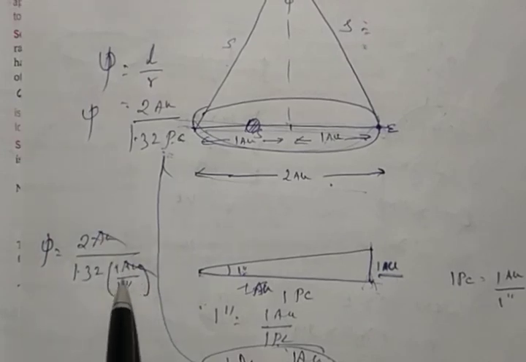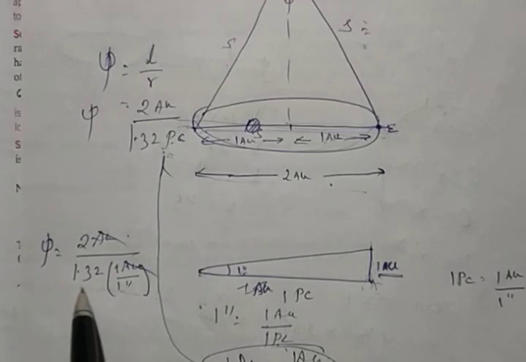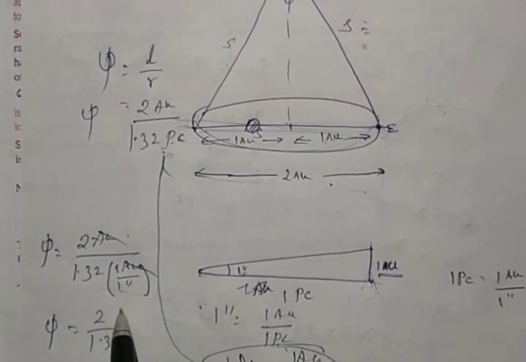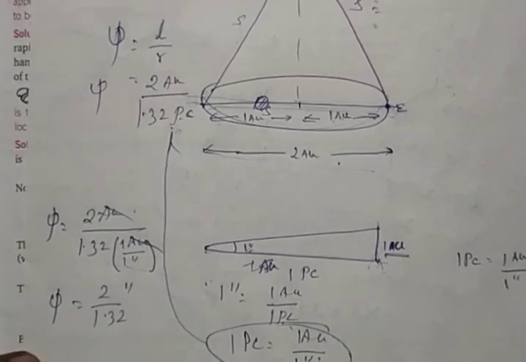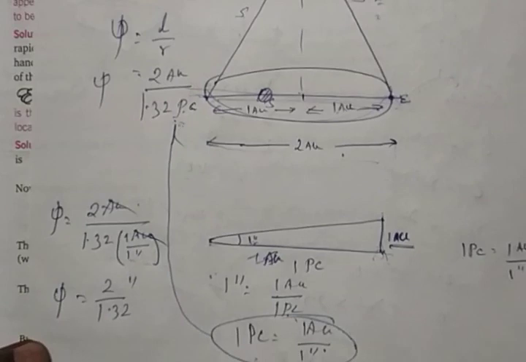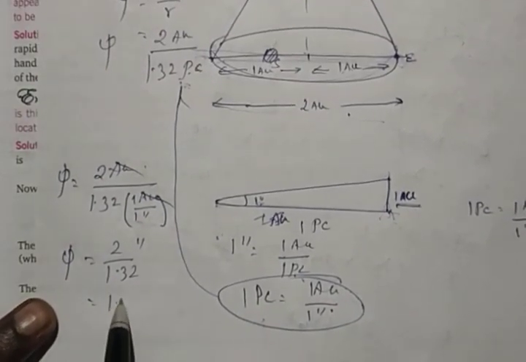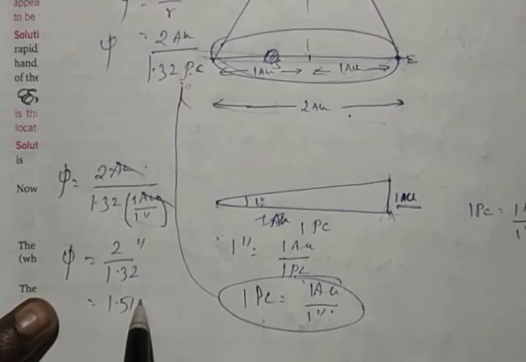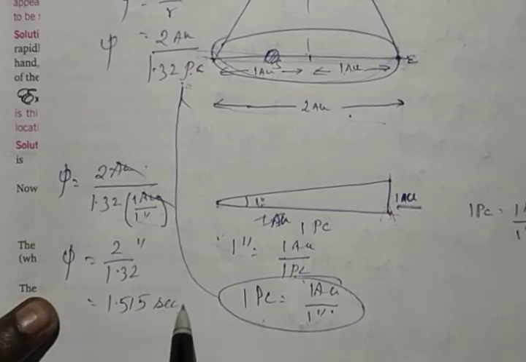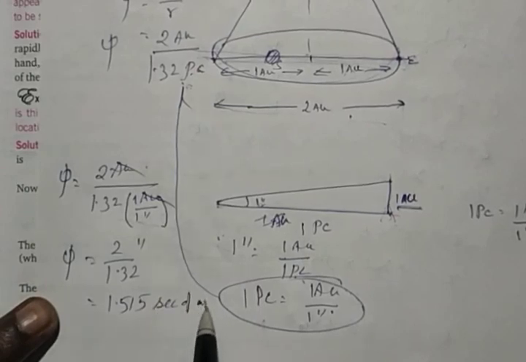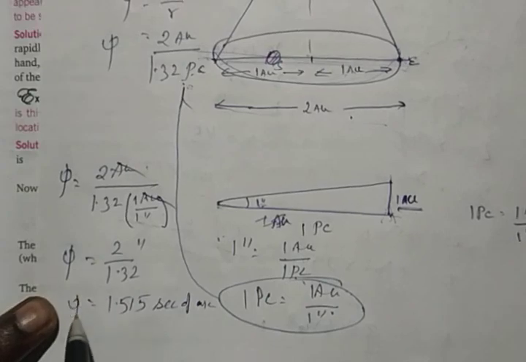Now 1 second is underneath, it goes to the top, and this goes for the calculation here. So phi is equal to 2 upon 1.32 seconds. This is the angle here. If you do this calculation, 1.515 will be the value, that much seconds of arc. You will get this as the answer for phi.